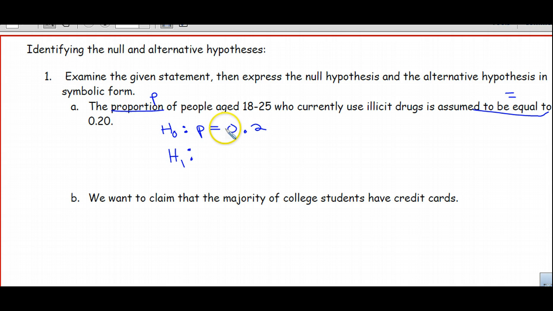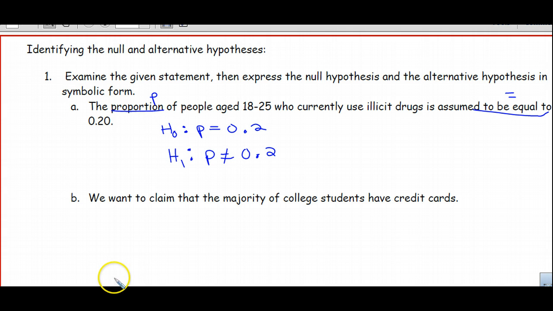And because this is here, if this is equality, this one's got to be inequality, so P is not equal to 0.2. These two numbers should always be the same. This one should always have equality, and then this one has non-equality if it had mentioned equality, or it's going to have something like a greater than or less than if it's signifying that.